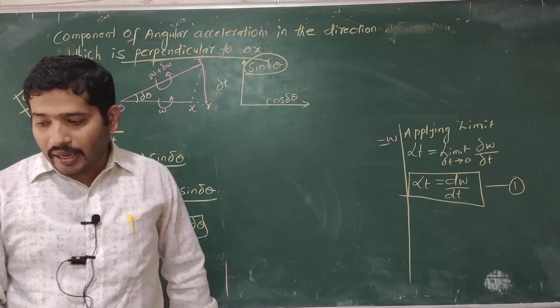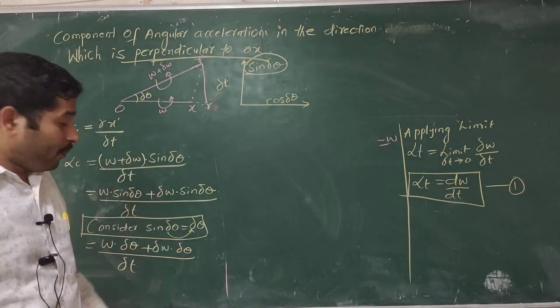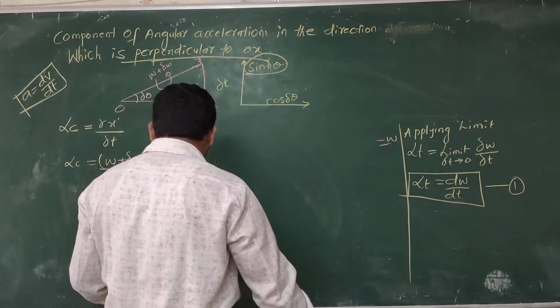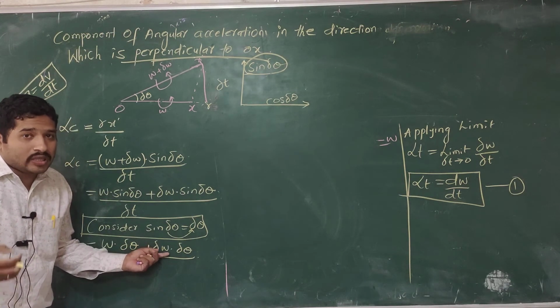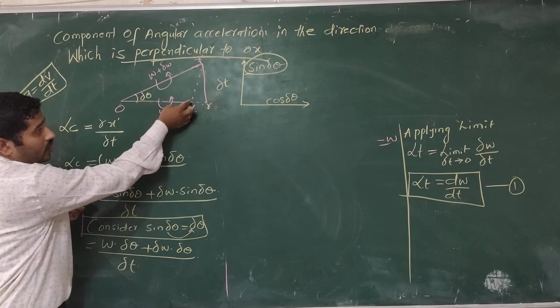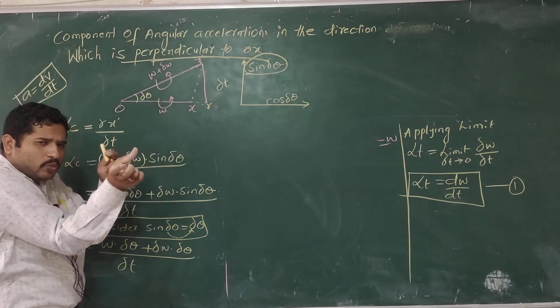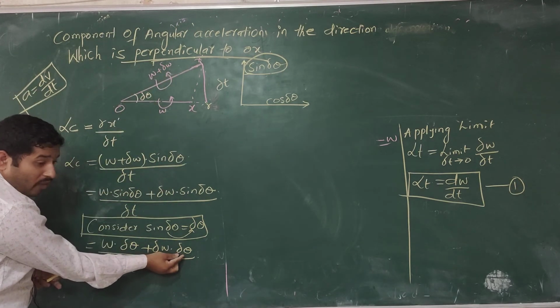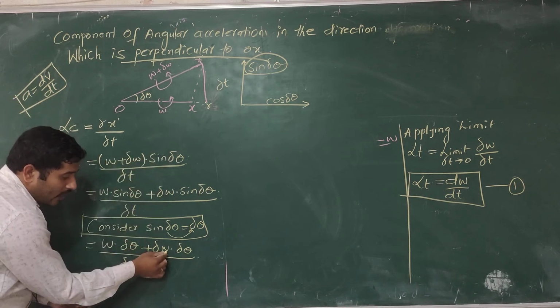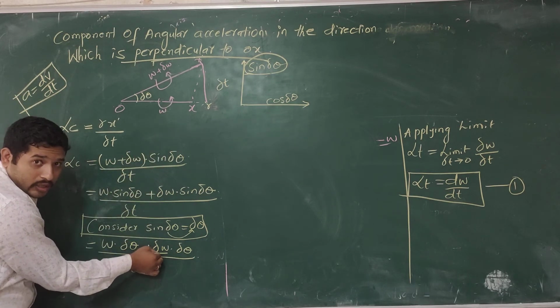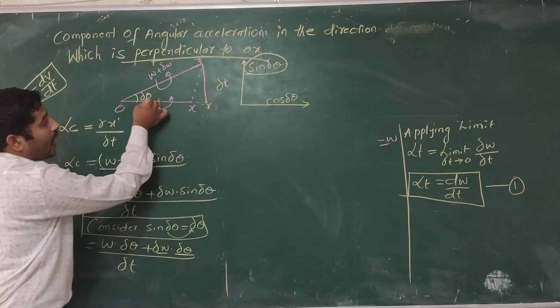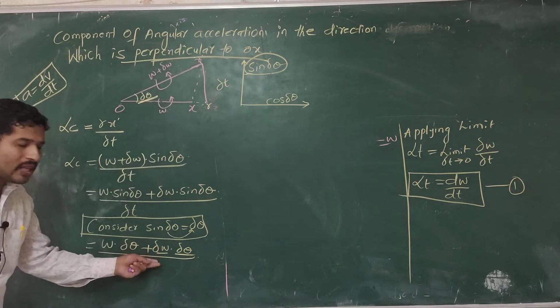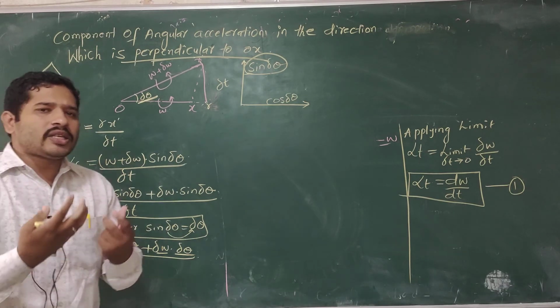Okay dear, next, what happened? If you observe here, delta omega is the change, so it should be a small change from here to here. The small change of angular velocity as well as the small change of angle, so both are smaller ones.